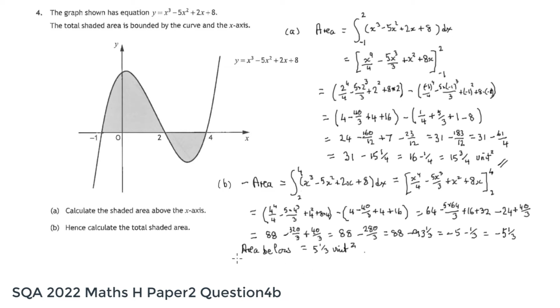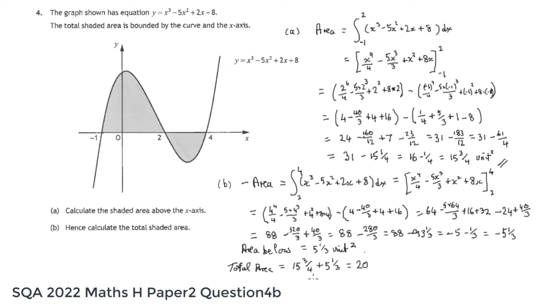Now we're asked for the total shaded area. Let's tackle that. Total area will be the sum of the two areas we've found. That's a 15 3/4 plus 5 1/3. So 15 and 5 gives us 20.